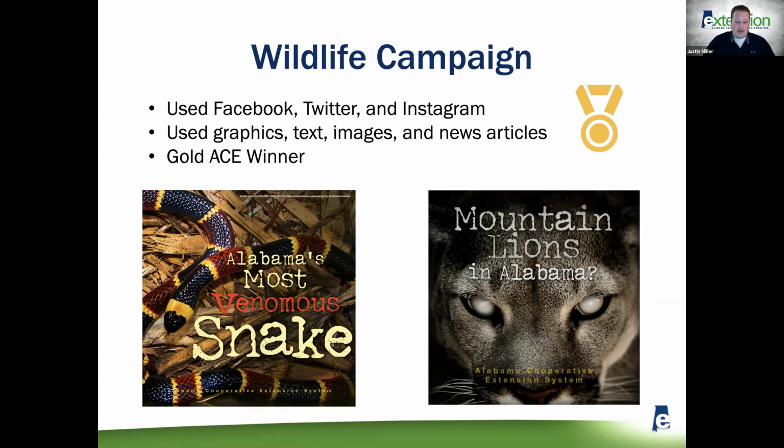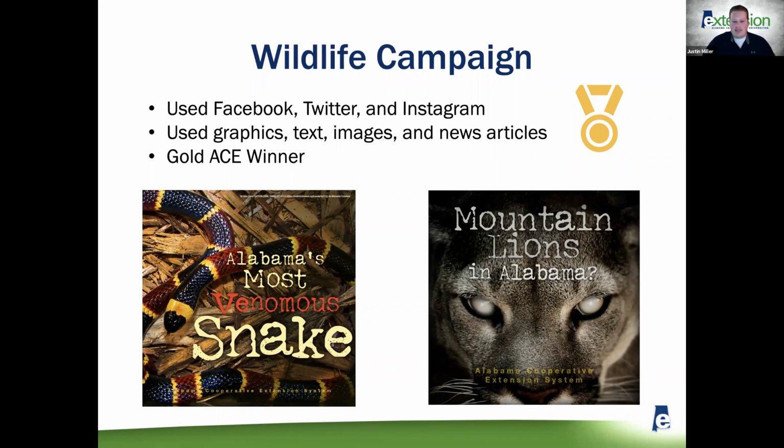The one on the left says Alabama's most venomous snake is the coral snake. It's actually the most venomous snake native to the United States. And this is something where there are not very many occurrences of people being bitten in Alabama because they live under soil.